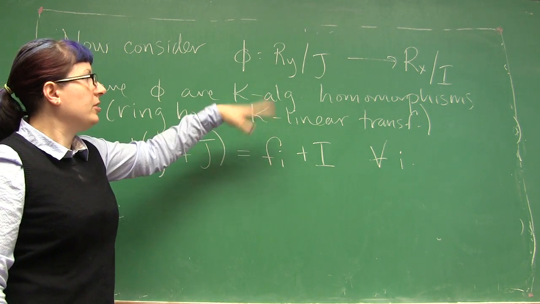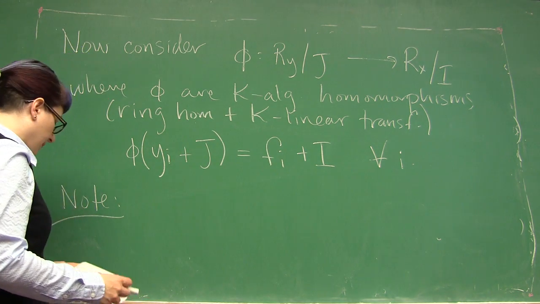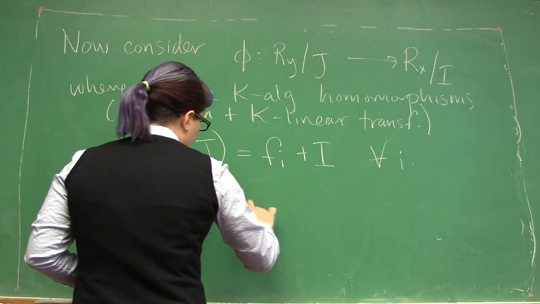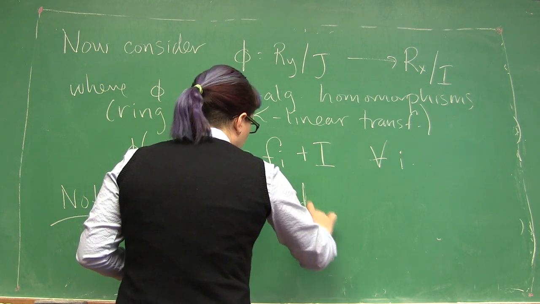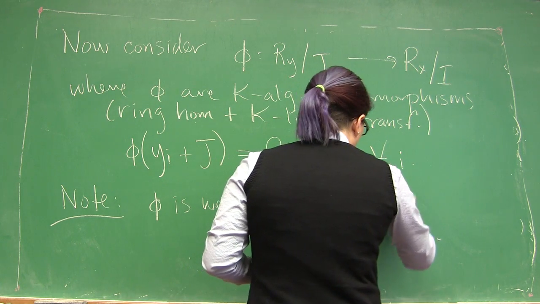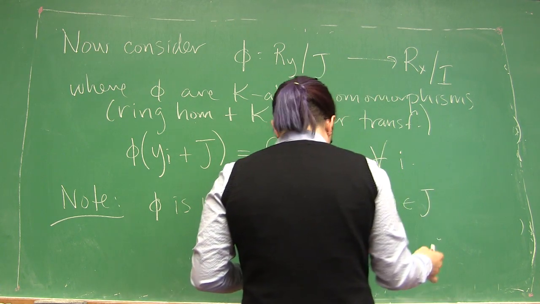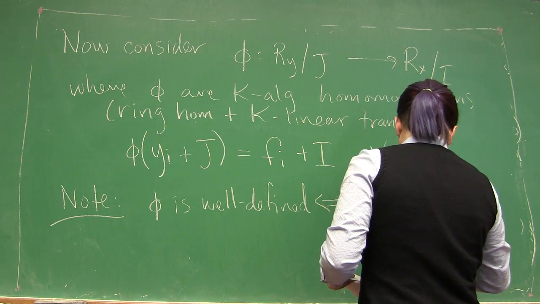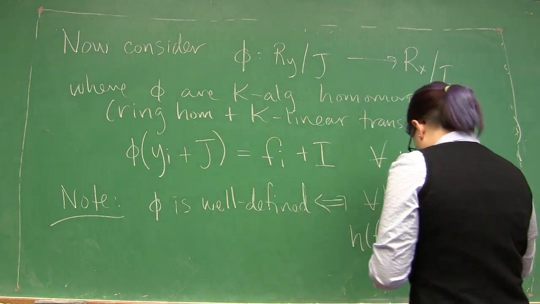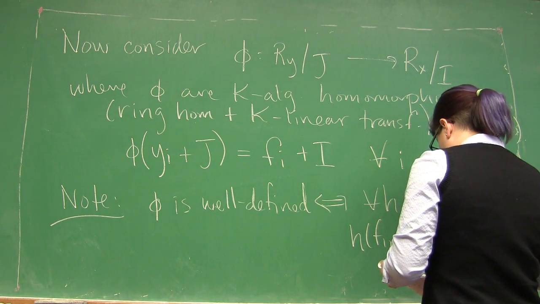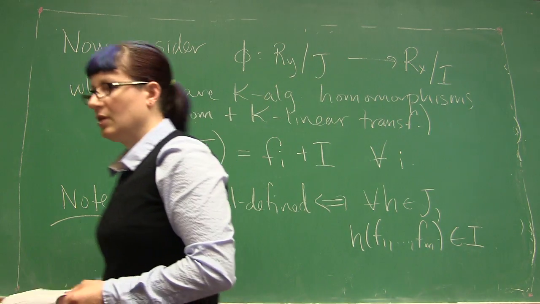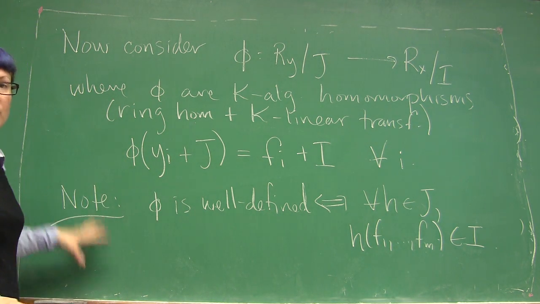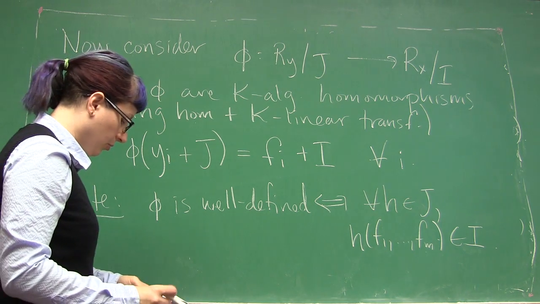So we don't want there to be ambiguity of where we can send objects. And phi is well defined if and only if for every element h in our ideal J, h evaluated at f1 through fm is in the ideal I. So this is by the factor through lemma for quotient rings.